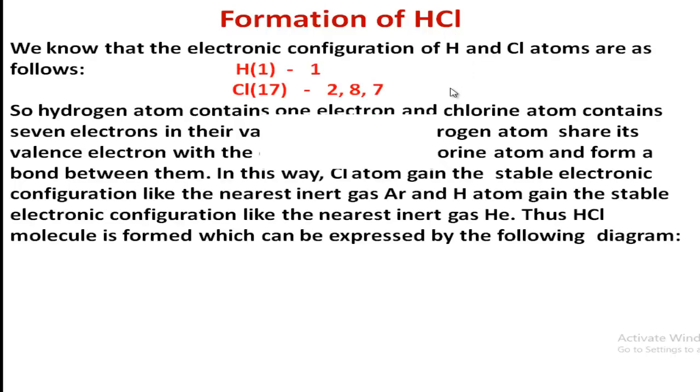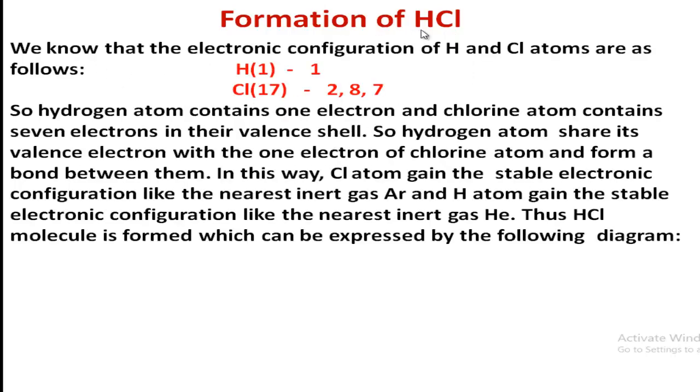Formation of hydrogen chloride. We know the electronic configuration of hydrogen and chlorine is this, so the hydrogen atom contains 1 electron in its only energy shell, and chlorine contains 7 electrons in its valence shell.